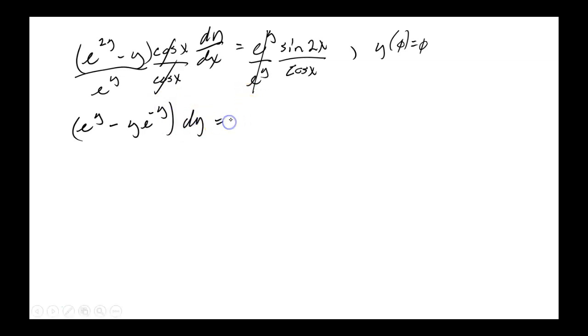Okay? And over here, again, let's figure out what sine 2x is. I don't know if you remember your double angle formula, but this is 2 times sine x cosine x. I don't know if these are in your book or not. I think they are, now that I think about it.